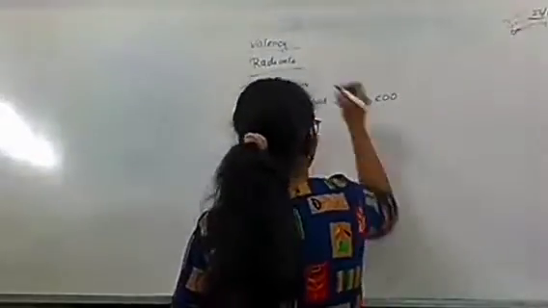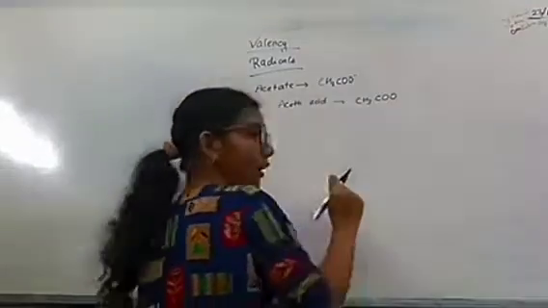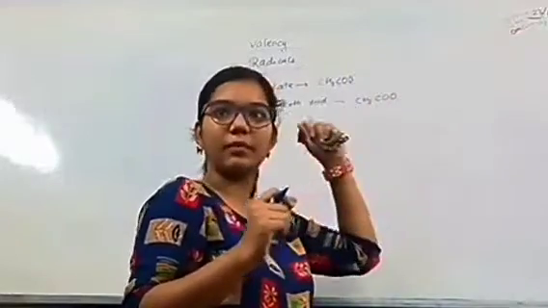Just remove one hydrogen, then it becomes acetate. And the charge becomes 1 minus because 1 hydrogen is removed, that is only monovalent. If 2 hydrogens are removed, it will be bivalent.